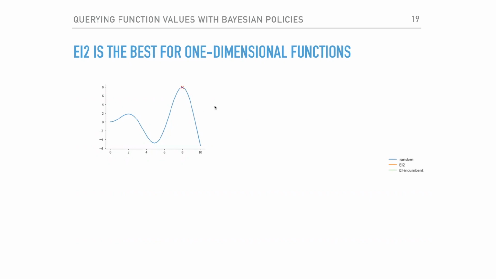So for this very simple function, here on the right, I'm showing the gap measure again as a function of the number of queries made to the user by the 3 policies. And remember that the higher the gap, the better. So in this case, all 3 optimization policies are actually very good.